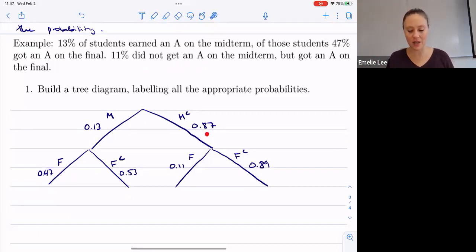Sometimes you have to take a leap of faith and say, okay, I already know the probability of them not getting an A on the midterm is 0.87. So what this must mean is the probability of getting an A on the final, given that they didn't get an A on the midterm, must be 0.11.